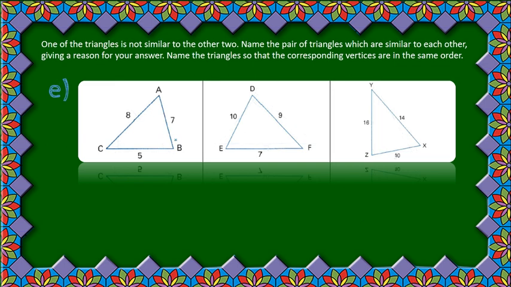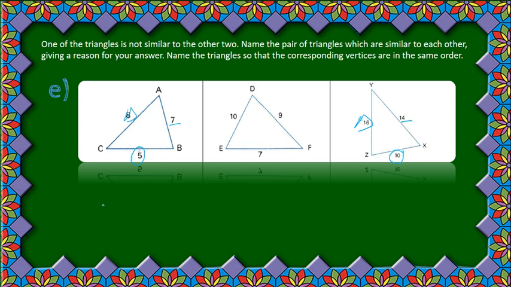Now for E, let's see if we can quickly look at this. Here we've got a 5, that 10 is doubled, but nothing else seems to be doubled. If I look at this 5 and double it, I get this 10. This 7, I double it and I get that 14. This 8, I double it and I get that 16. So we could easily spot these two triangles being similar to each other.